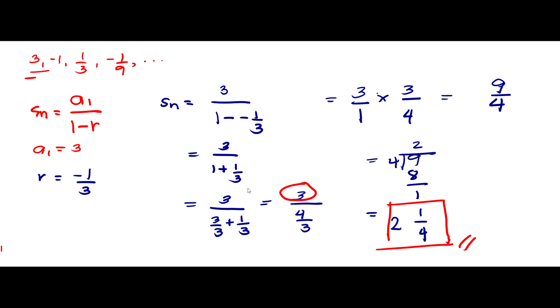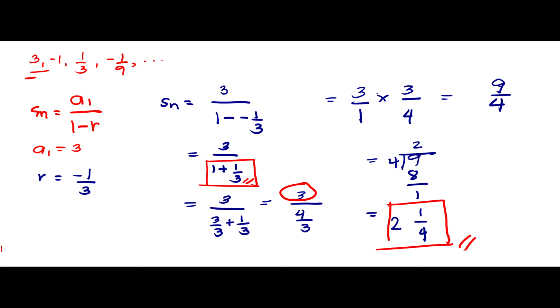Para di kayo mahirapan, alam ko kasi ito yung medyo malilito kayo. Ang gawin nyo, kung ano yung nasa ilalim, doblehin nyo yan kasi that's always equal to 1. Tapos add nyo lang doon sa kung ano yung hinihingi sa inyo. Then, para hindi kayo mahirapan sa reciprocal, yung nasa taas, lagyan nyo lagi ng over 1 para di kayo malito.